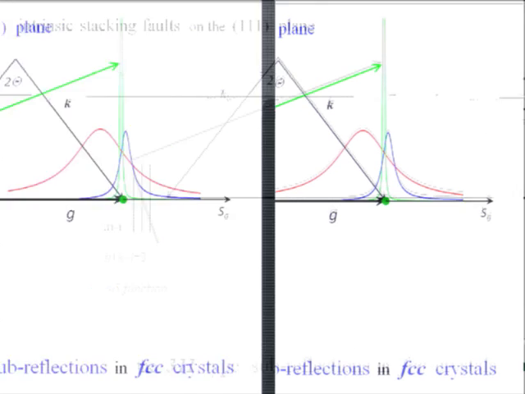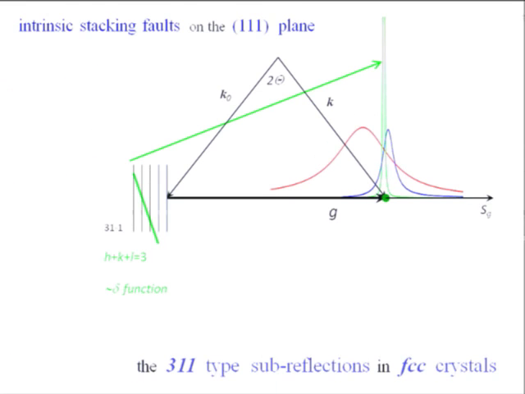If your fault is 111 and your subreflection is 3,1,-1, then the sum of the HKL is 3, and this we learned from the book of Warren, that in this case the twin or the stacking fault will not have an effect on the line profile, and we obtain in principle a delta function, which is convoluted with the instrumental effect, or in the kinematical approach it is a delta function.